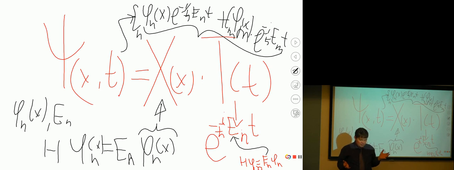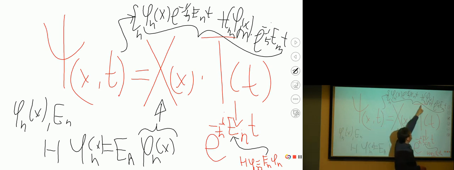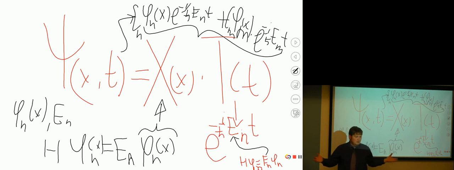So we have an infinite number of solutions. Even if the time-independent equation has a limited number of solutions, through adding them together and varying coefficients, we will get an infinite number of solutions for the time-dependent Schrödinger equation.